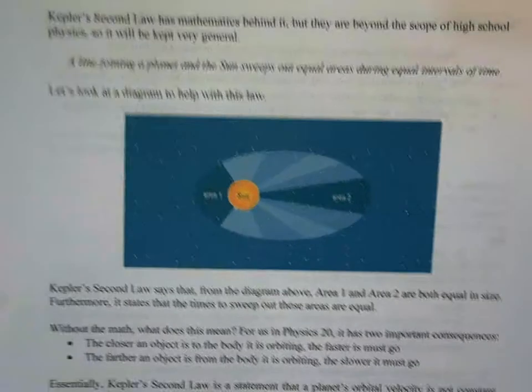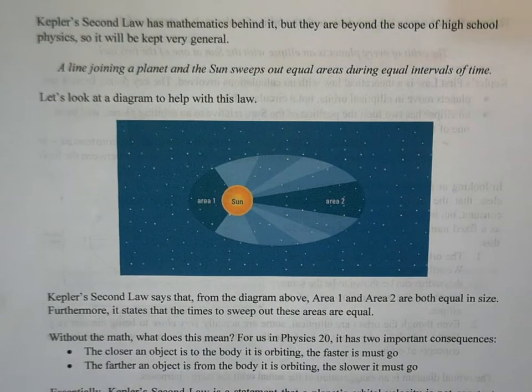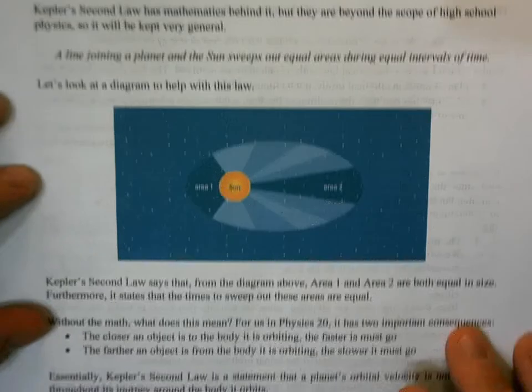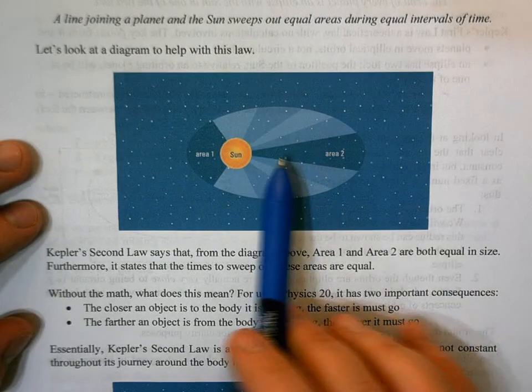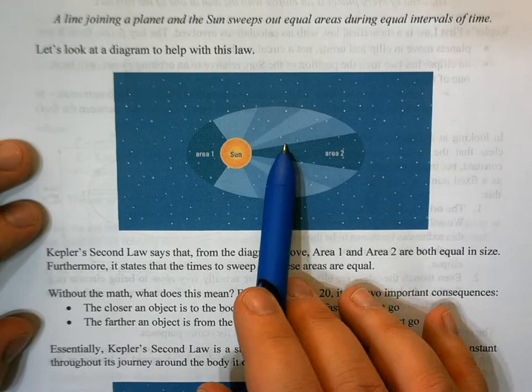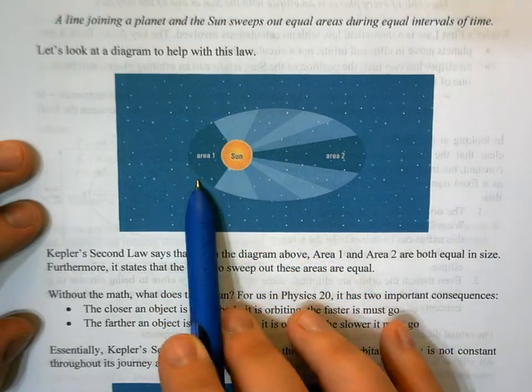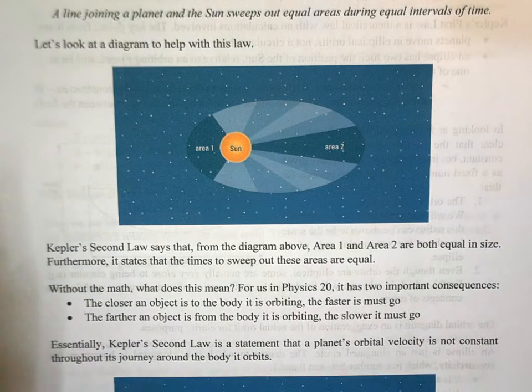Kepler's second law has a nice way of saying it: a line joining a planet and the sun sweeps out equal areas during equal intervals of time. There's also some math attached to this one, but we don't have to do the math. You'll notice on this diagram we have two areas. The first area is being swept out and this second area is being swept out.